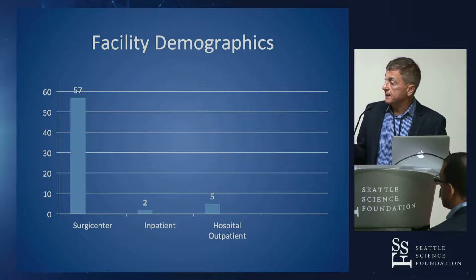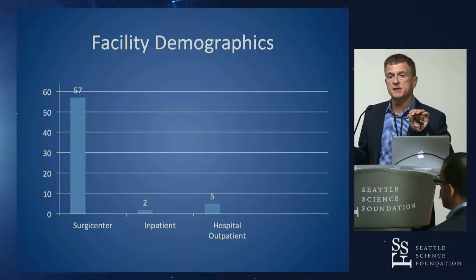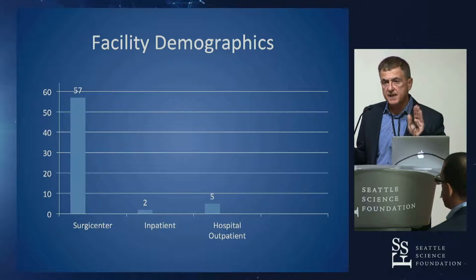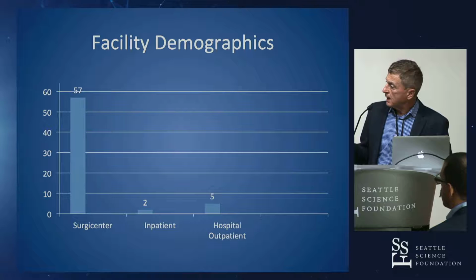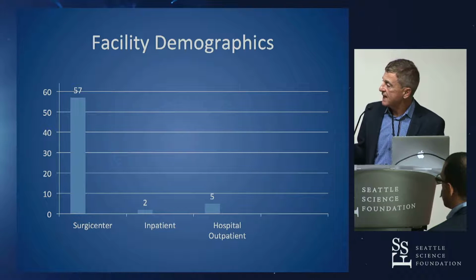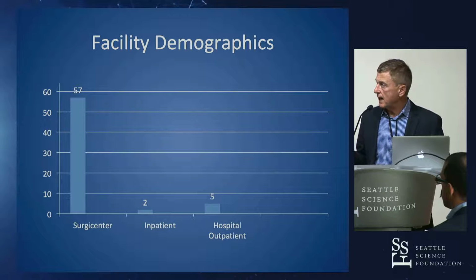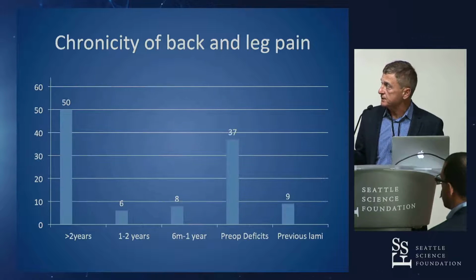And interestingly, 57 out of the 64 were done at a standalone surgery center. This is not a surgery center attached to a hospital. This is standalone surgery center. 2 were done inpatient. These were actually early learning cases. And we had 5 done at the hospital outpatient. So I thought, I mean, this really makes it attractive as an outpatient procedure.